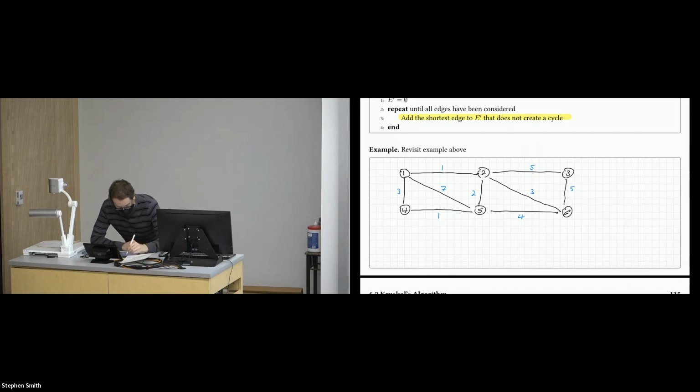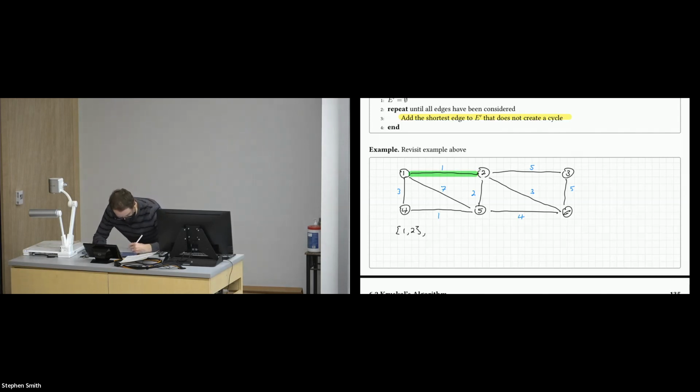So the edges then, in this case, the shortest edge first is 1, 2. There's actually two edges of length 1, right? There's 1, 2, and 4, 5. But 1, 2, that doesn't create a cycle, so I just add it.